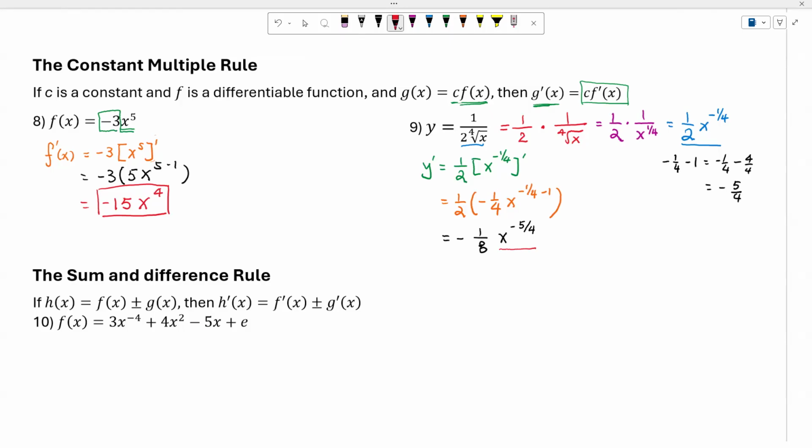What we could do here is write down negative 1/8 and then 1 over x to the power of 5/4, which is 1 over the 4th root of x to the power of 5.